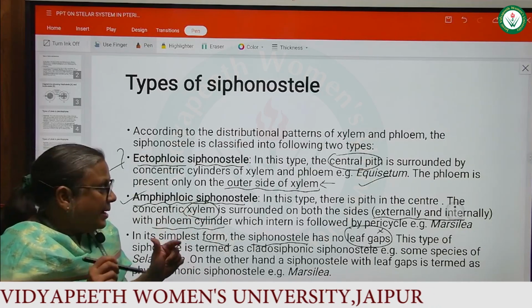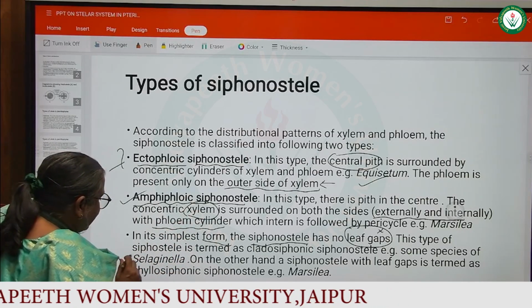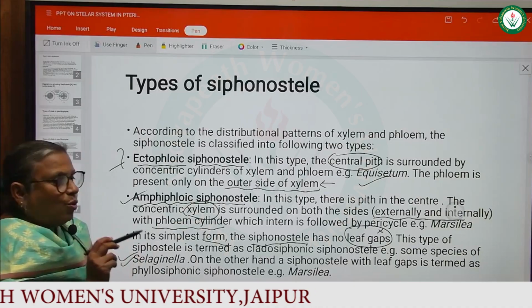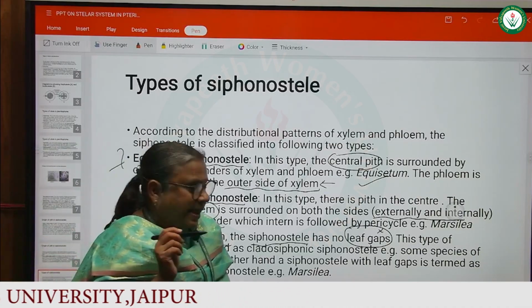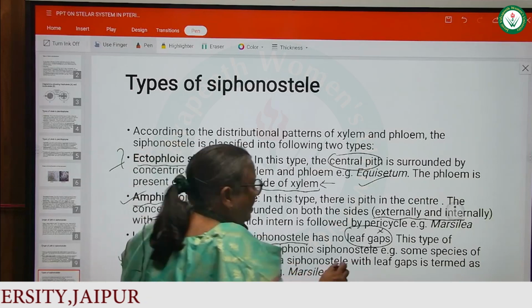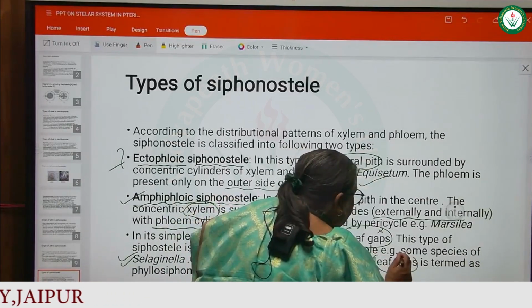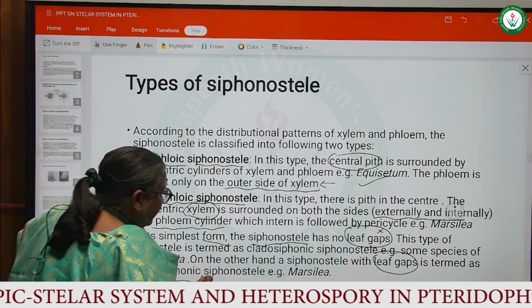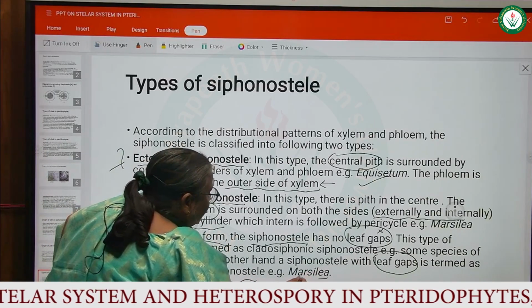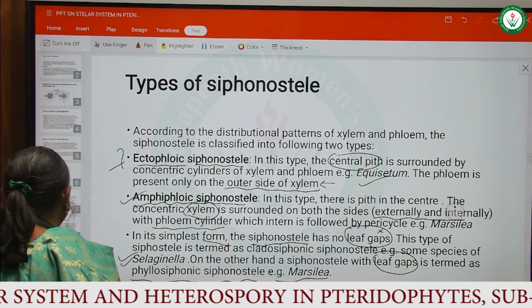For example, some species of Selaginella have cladosiphonic siphonostele. On the other hand, a siphonostele with leaf gaps is termed phyllosiphonic siphonostele, which is found in Marsilea.